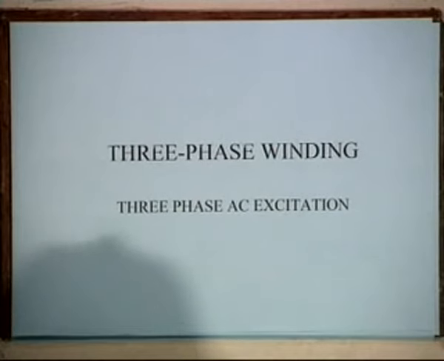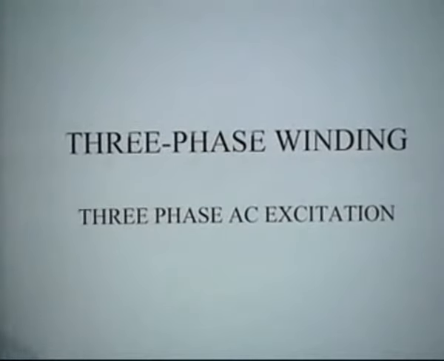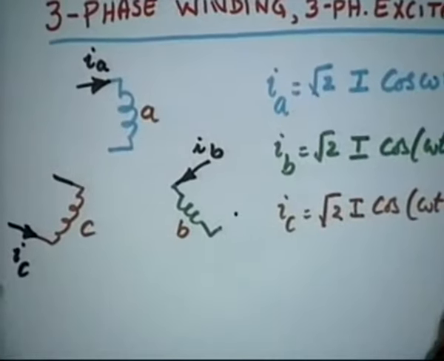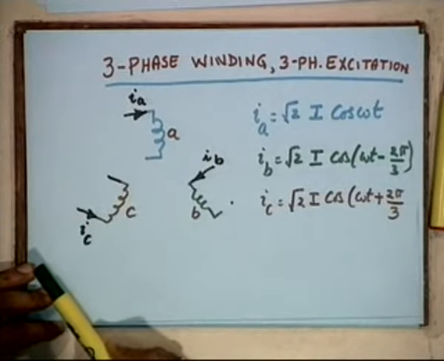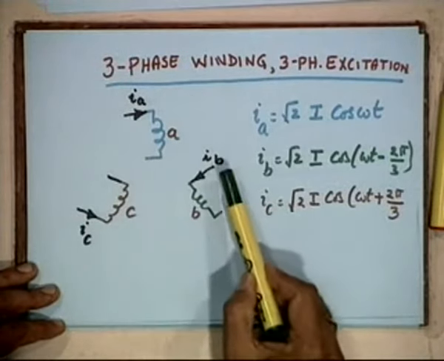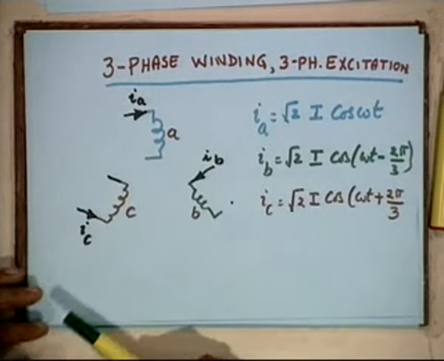We have now taken single phase winding with single phase excitation. Now, we put three phase windings with three phase excitation, okay. So, we have these three phase windings, A winding, B winding, C winding, displaced at 120 degrees in space, carrying currents IA, IB, IC, and these currents are all three phase currents.